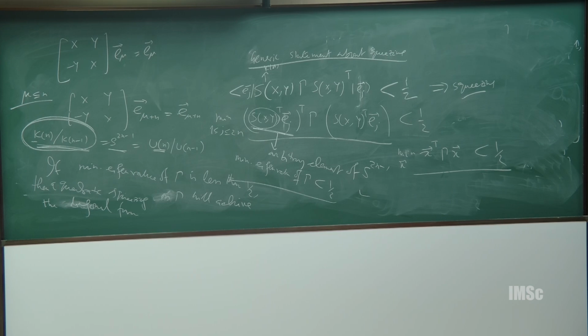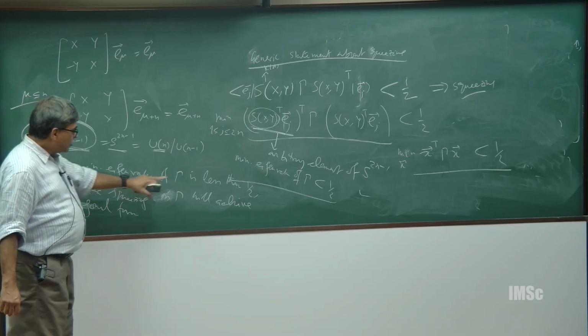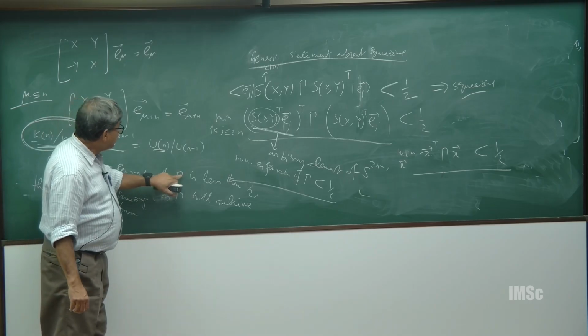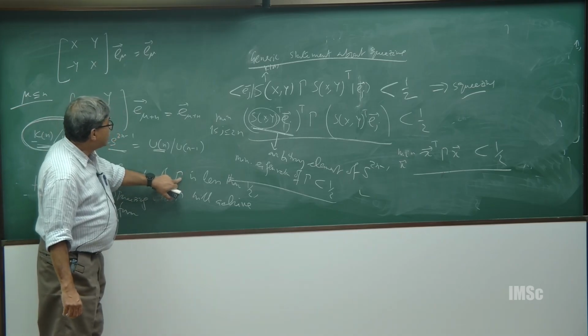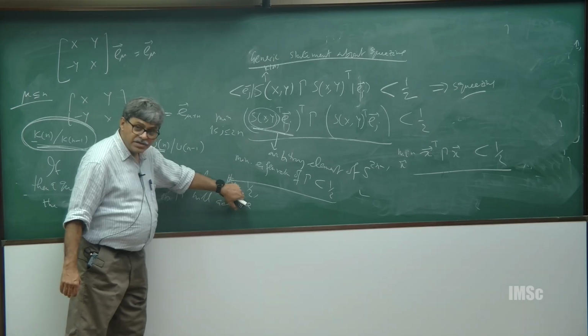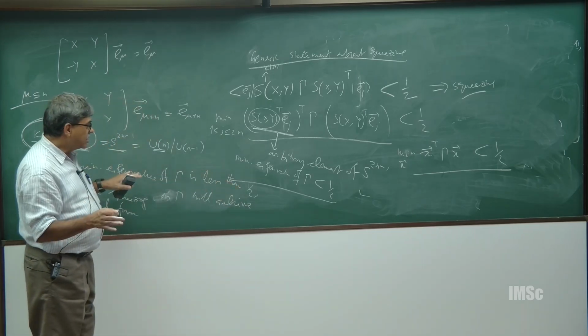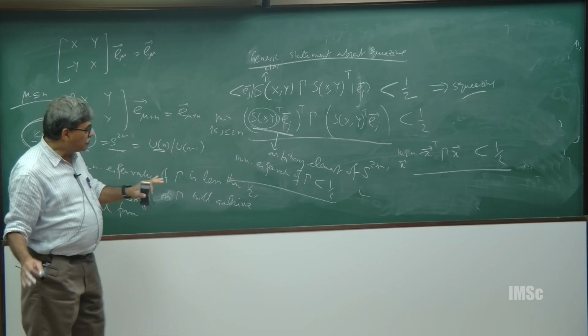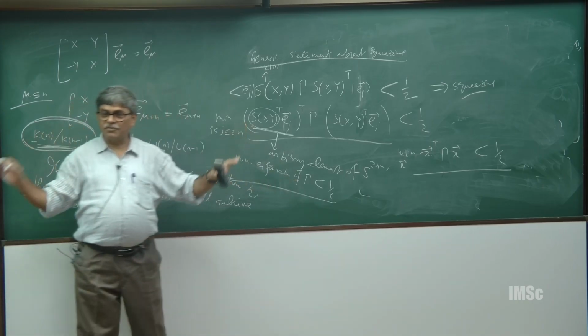Or maybe I should say it in the opposite way: if the minimum eigenvalue of gamma is less than half, then I can find a quadrature squeezing to bring this gamma into a canonical form.